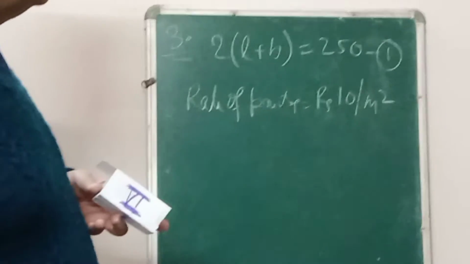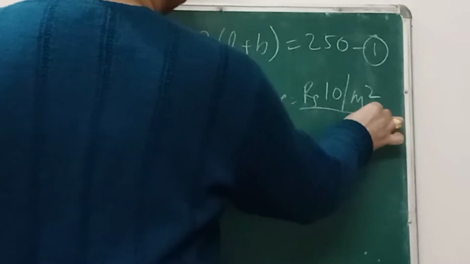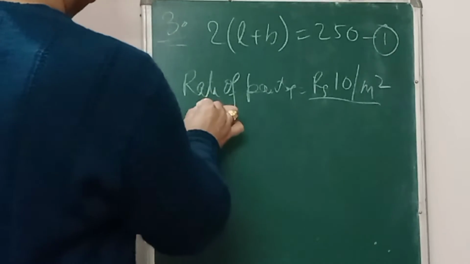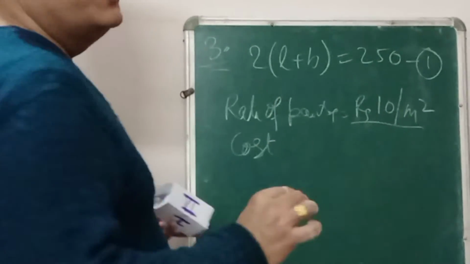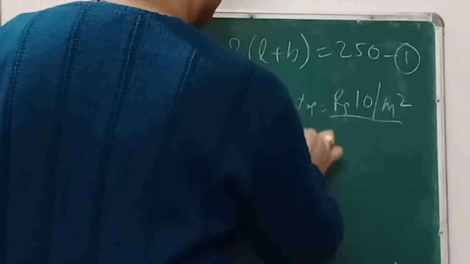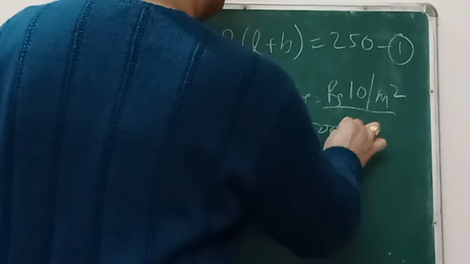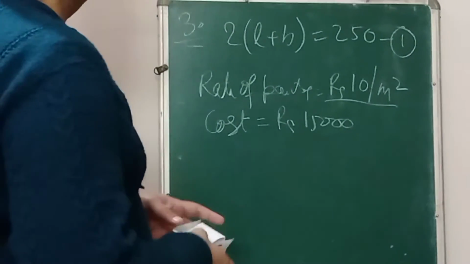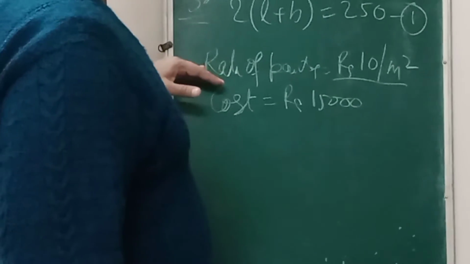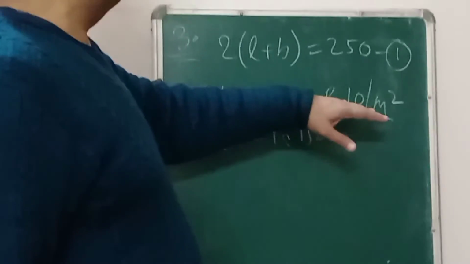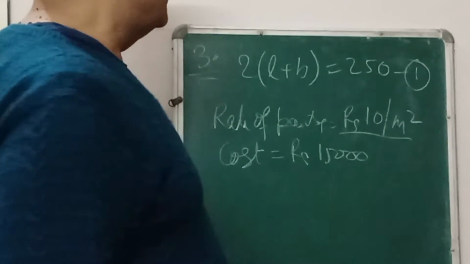And it is also given that with this rate, the cost of painting the four walls comes as rupees 15,000. This 15,000 is the cost which comes when we get it painted at a rate of rupees 10 per meter square.